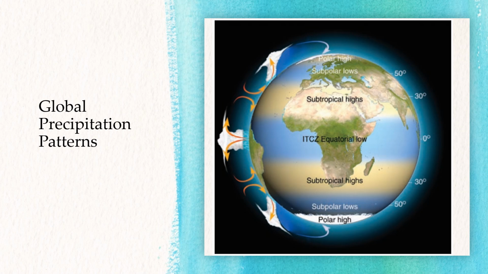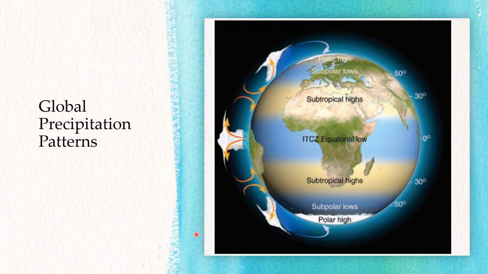For the global precipitation patterns, it is said that the position of the major features of the general circulation and their latitudinal displacement, which annually averages about 10 to 15 degrees latitude, strongly influences the climate of many areas.